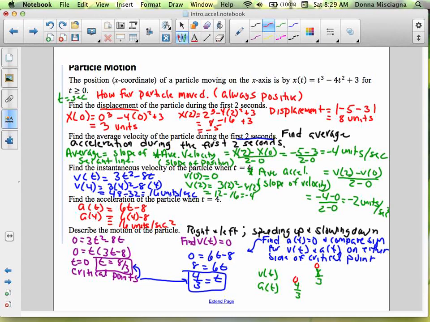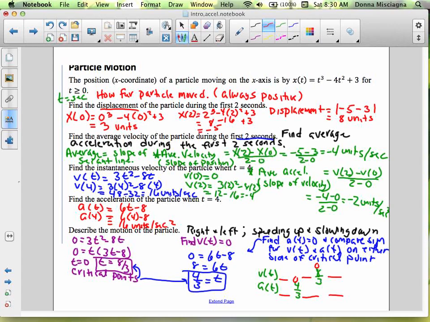What we're going to have to worry about is the sign on either side of the critical points for both acceleration and velocity. So we're going to take their critical points together and determine the sign of velocity and the sign of acceleration on either side of both critical points.